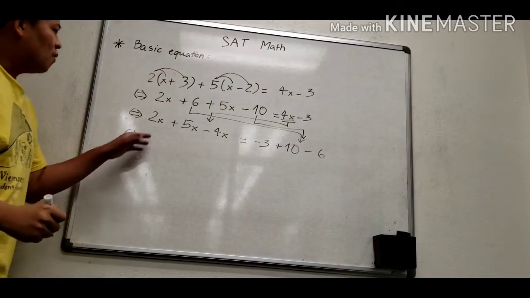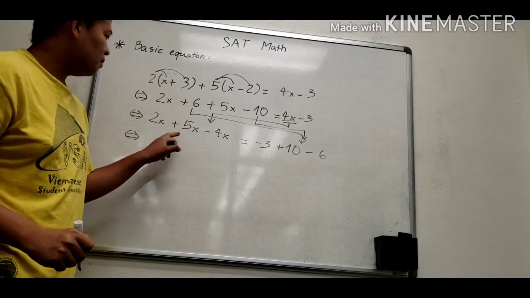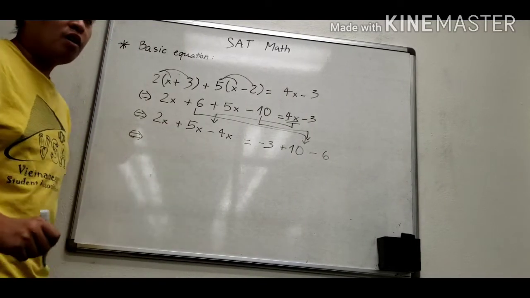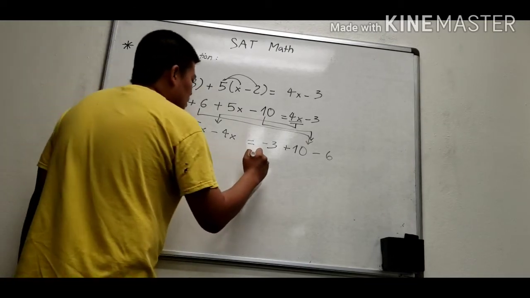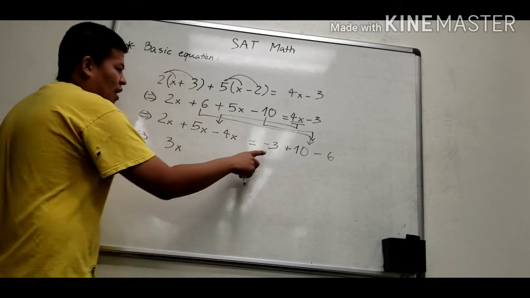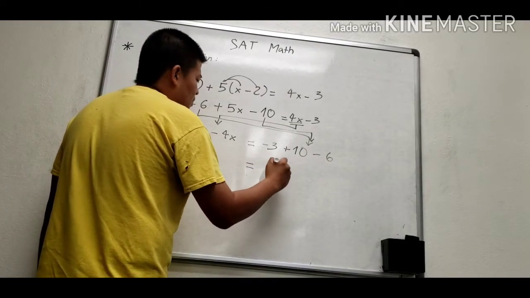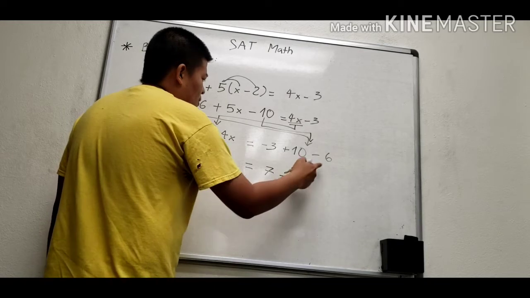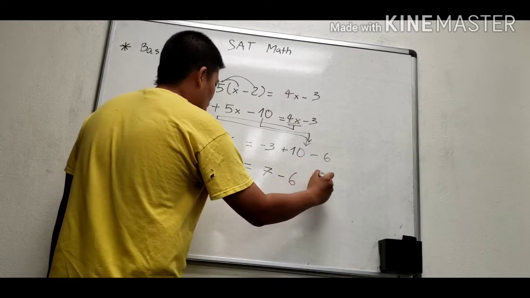So we sum up 2 plus 5 is about 7. 7 minus 4 is about 3s. And we have minus 3 plus 10 is about 7. And we have minus 6. 7 minus 6 is about 1.